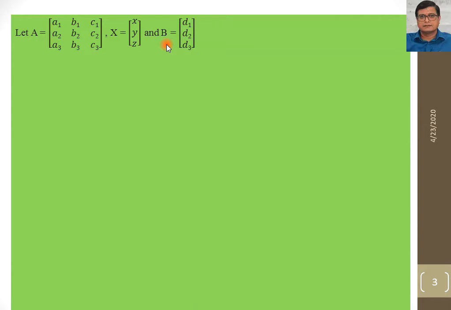In this way you have to construct three matrices with the help of the coefficients of the given linear equations. Matrix A: coefficients of x, y, z; matrix X: variables x, y, z; and matrix B: constant terms of the equations. Then the system of equations can be expressed as AX is equal to B.